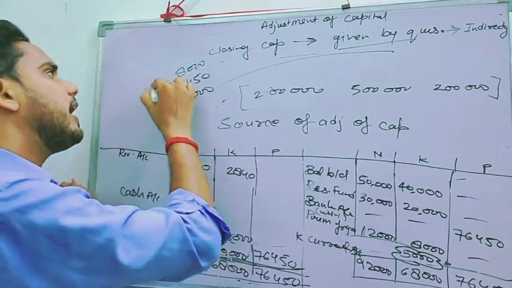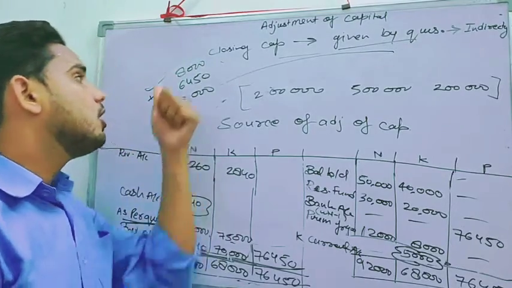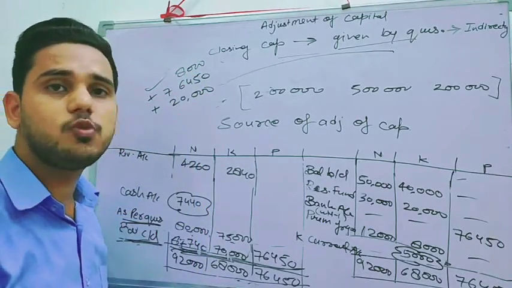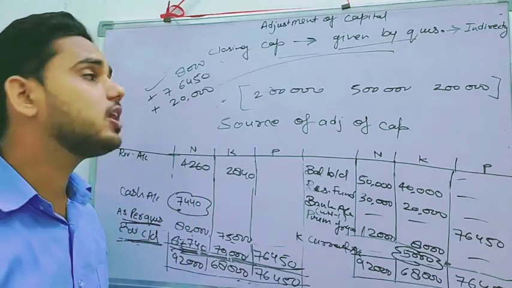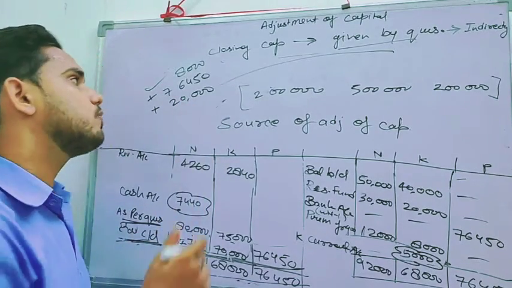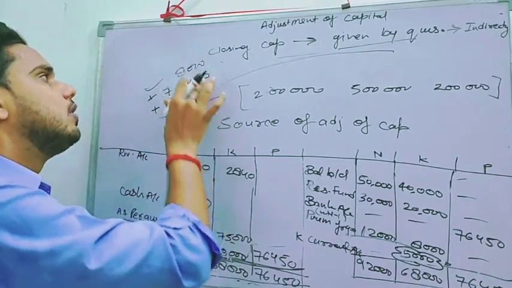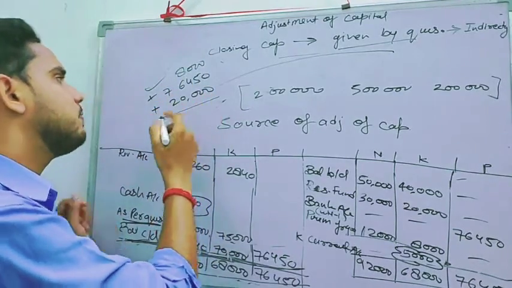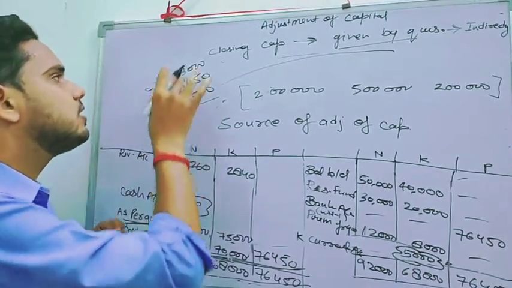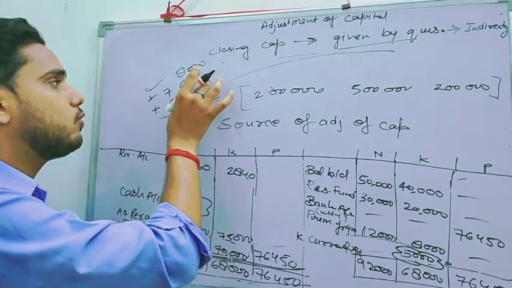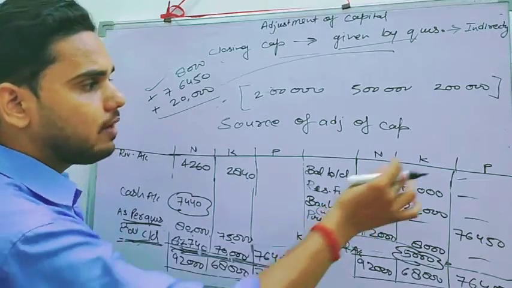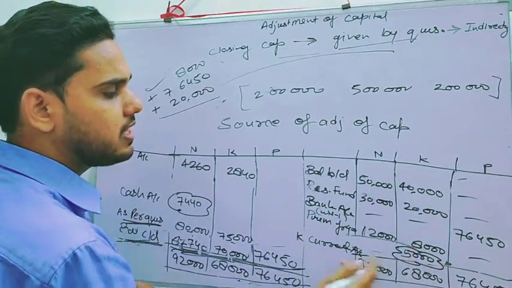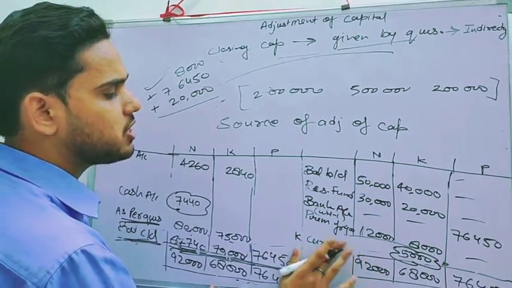So the opening cash balance was 8,000. The new partner brought 76,450 as his capital. The new partner brought 20,000 in cash for premium. So we can say that now our cash balance has increased, and this is 8,000 plus 76,450 plus 20,000, right? But now we have adjusted K's difference through, let's suppose, cash account.